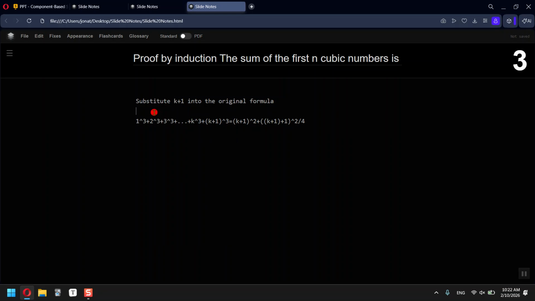Because the idea is if it's true for 1 and we can prove that it's true for every next element, then it is true for every element. Also, we still needed to prove that it was true for k. Well, we proved that it's true for 1, right? So k can be 1, and if it's true for 1 and it's true for the next element, it would be true for 2.